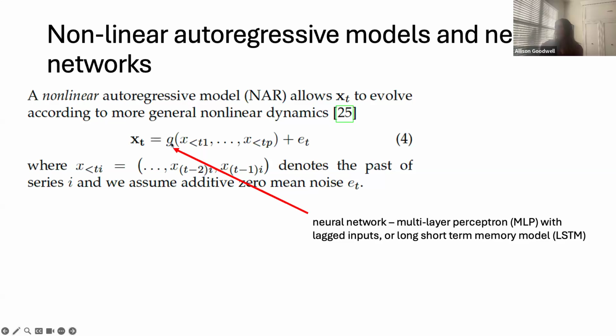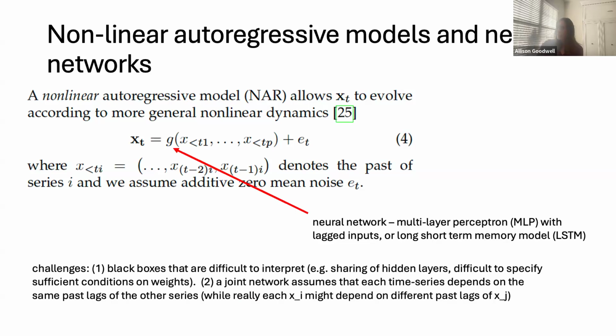And this G, they're suggesting is a neural network, and they suggest two ways of doing this. One is with a multi-layer perceptron with lagged inputs, and the other is a long short-term memory model, or an LSTM.